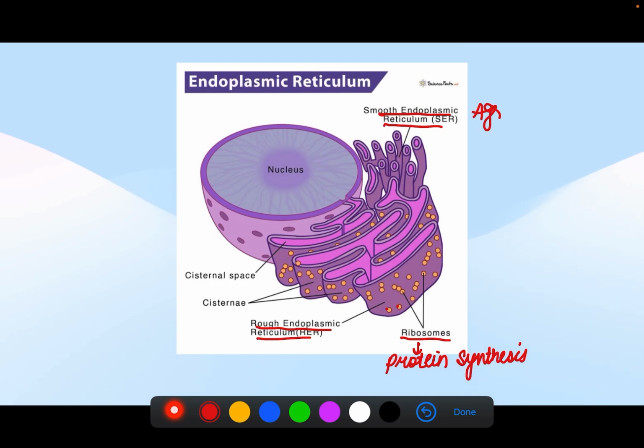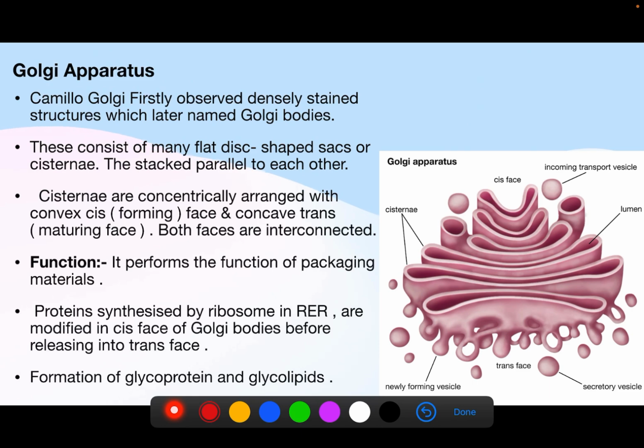These are called agranular structures. And there are cisternae present, and cisternal space. This is all about the endoplasmic reticulum diagram.